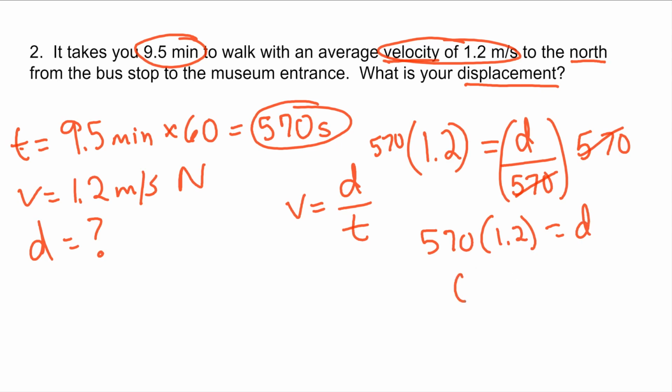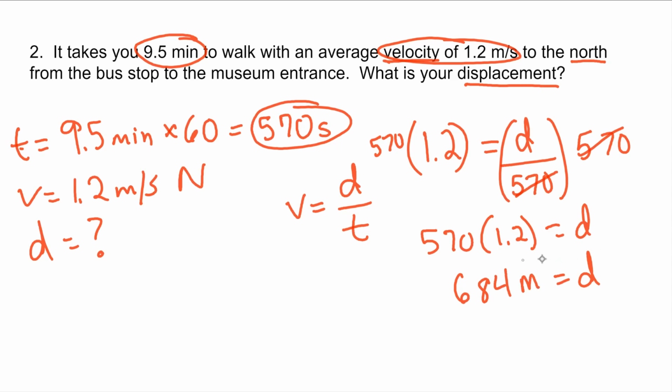That comes out to 684 is my displacement. Now, I've lost my units in the math problem, but you can always think back. This is displacement. Similar to distance, what do we measure distance and displacement in? That is meters.